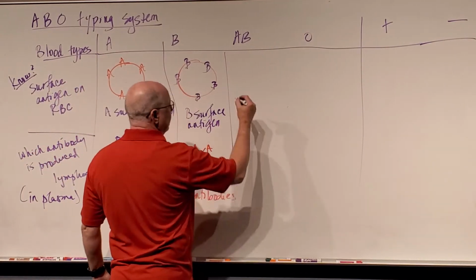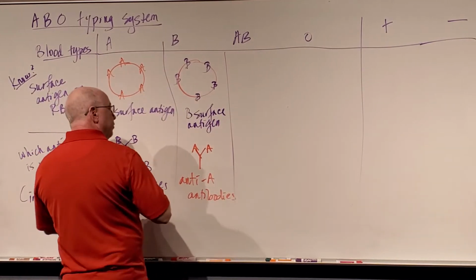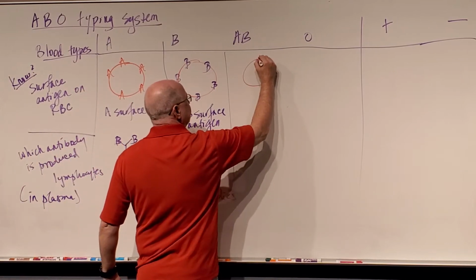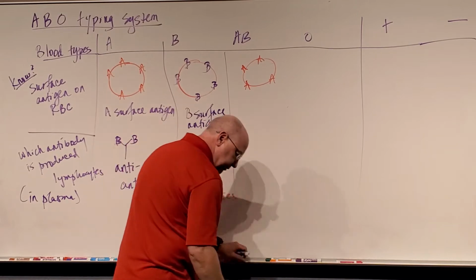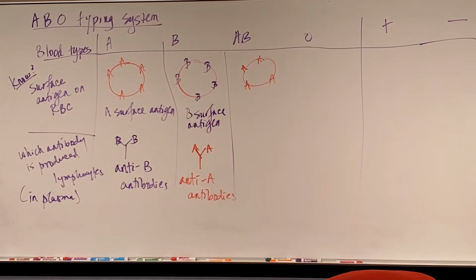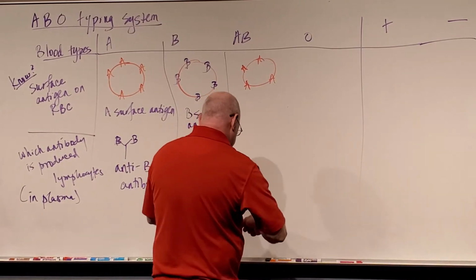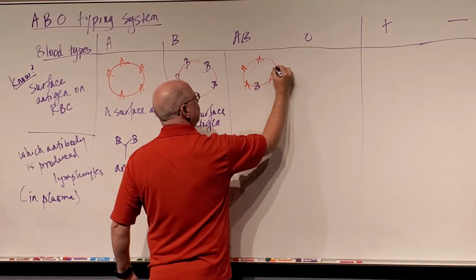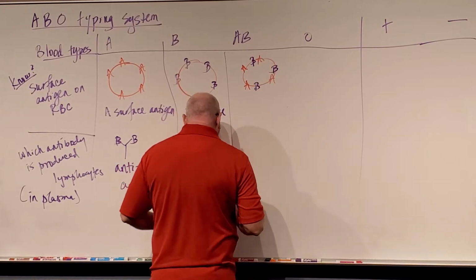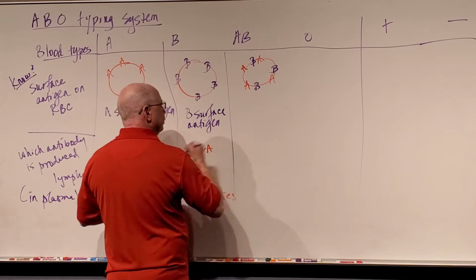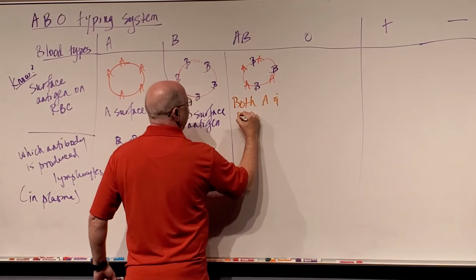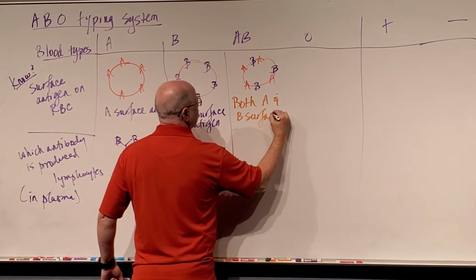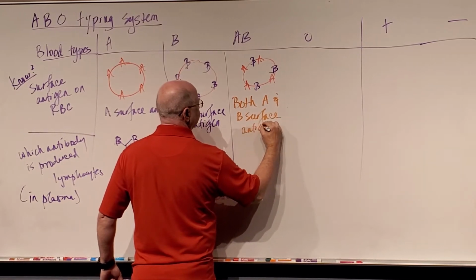Now, if somebody has AB blood, then their red blood cells are going to have both the A and B surface antigens. Sorry, I dropped that. So what we can say is that this person is going to have both A and B surface antigens.